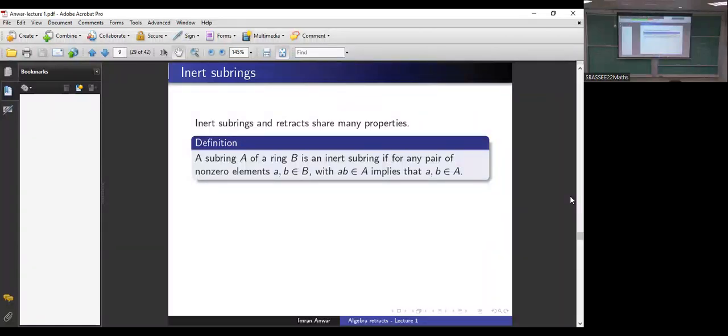It's not so trivial. So if the product of any two elements is coming inside the smaller ring, then it means that both the members are also inside A. Then we call that A is an inert subring. So you may think, this is a good time to think about even inert elements.